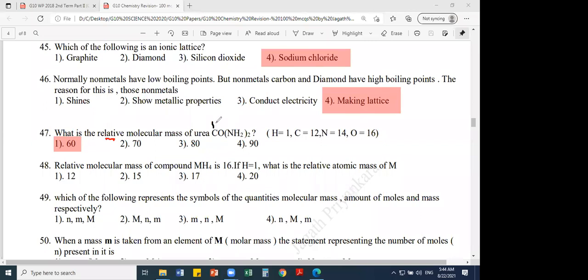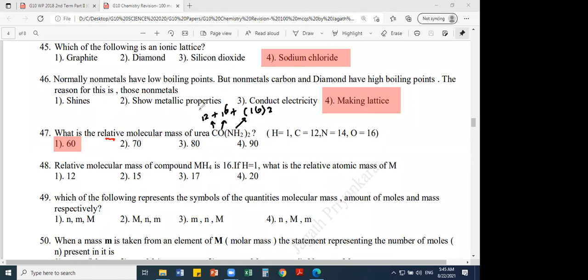Carbon 12 plus oxygen 16. Then you have to get the total inside the bracket. Inside the bracket you get 14 plus 2, 16. Outside the bracket, you get 2.